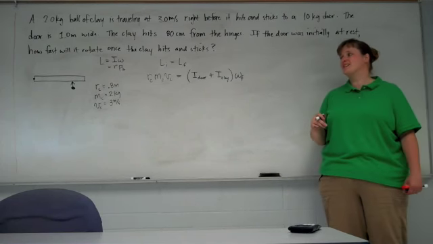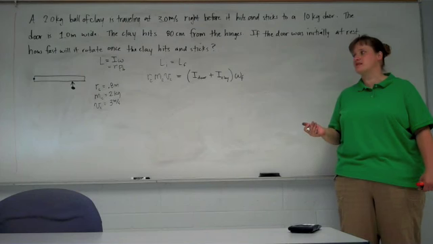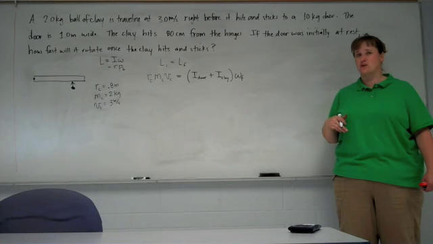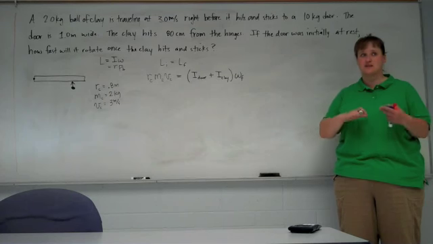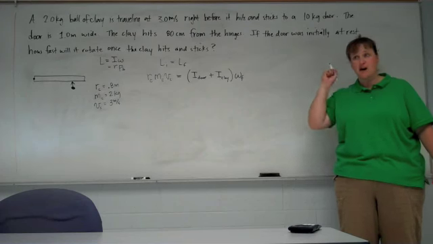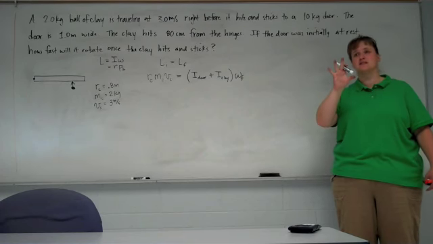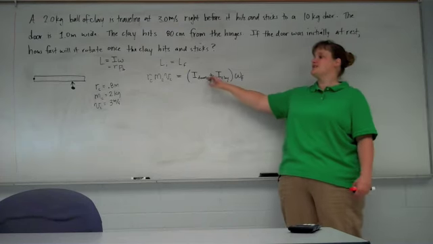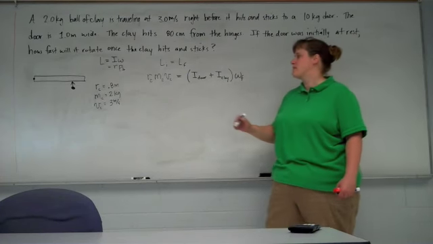And again, we can't simply add the mass of the clay to the mass of the door and then just use the moment of inertia for the door, because the clay is not going to spread itself uniformly over the door. It's going to still be a ball. It'll be kind of flattened out, but it'll still be a ball. So we need to simply add their moments of inertia.